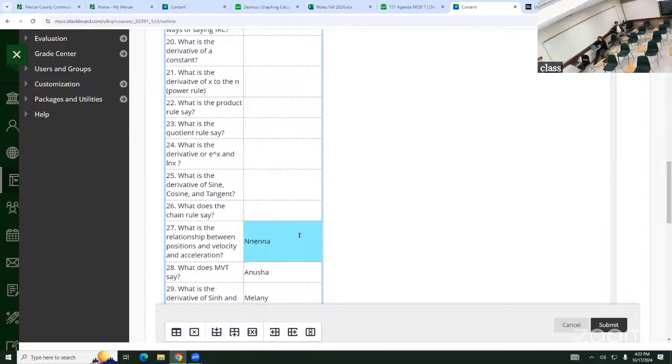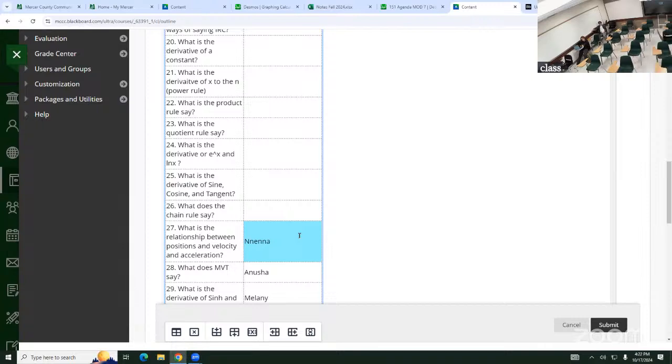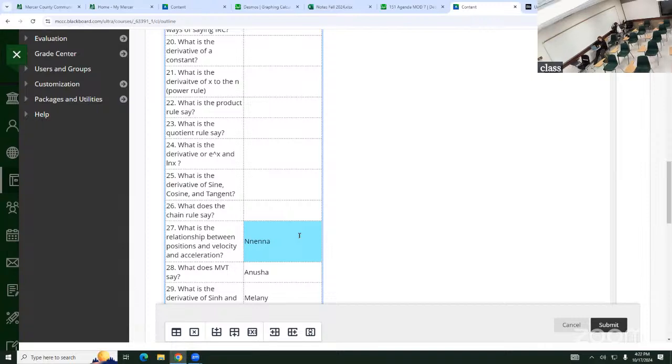For example, we know how quickly things fall, and we know the acceleration of gravity. If we want to go back and figure out where something is based on its position, we're going to go backwards. We're going to undo the derivative. So if we have acceleration, we can use undoing of the derivative to find the velocity and then to find the position.